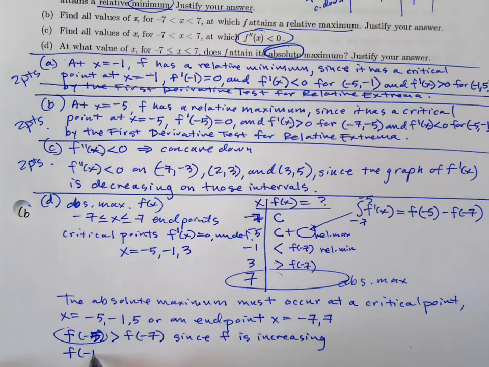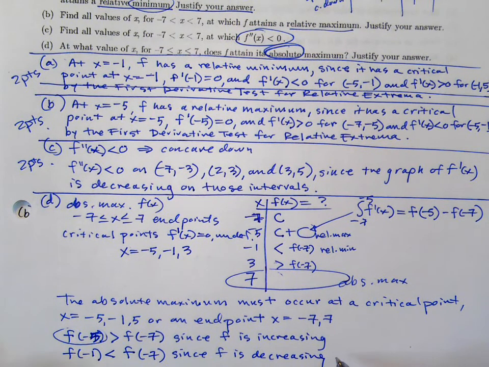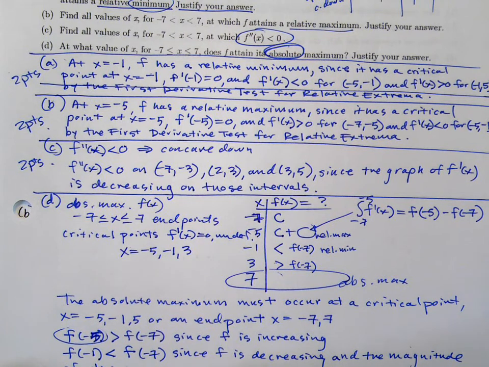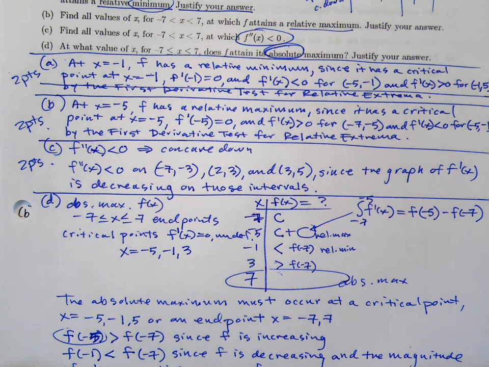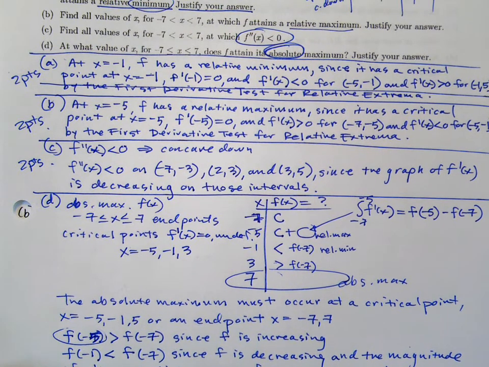And then f of -1 is going to be less than f of -7 since f is decreasing, and the magnitude of the negative change from x equals -5 to x equals -1 is smaller than the positive change from x equals -1 to x equals -5.